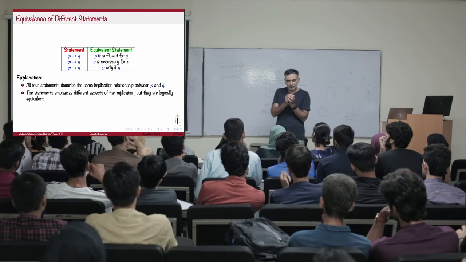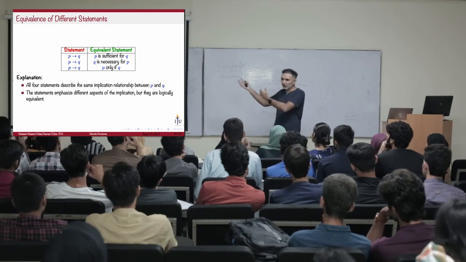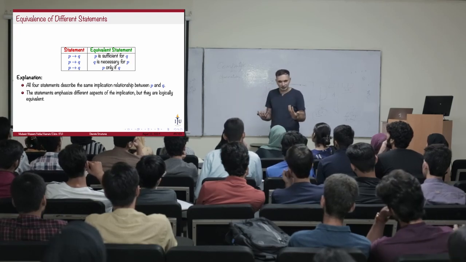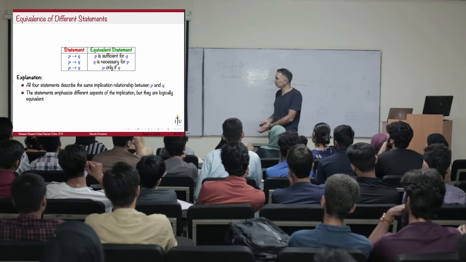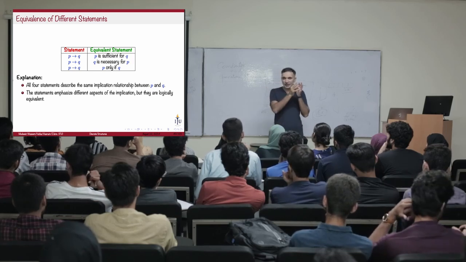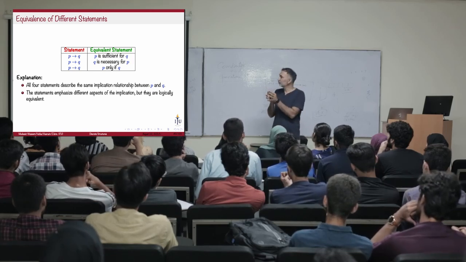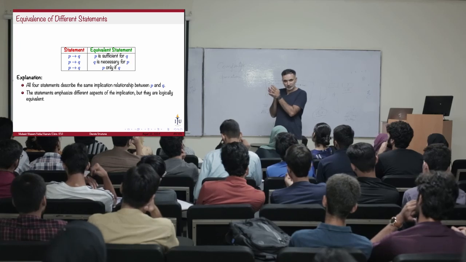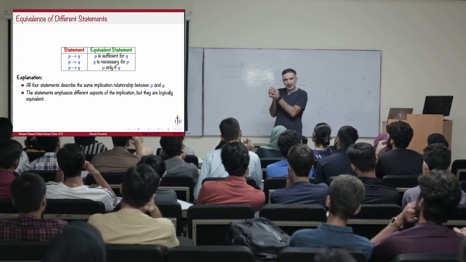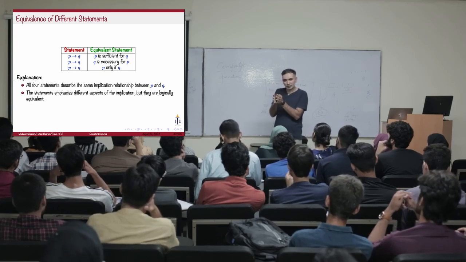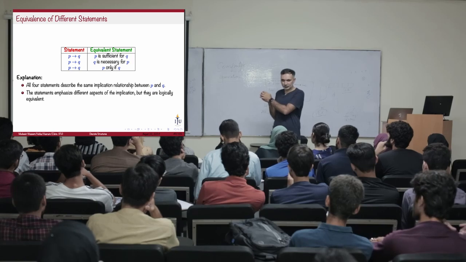All this requires is a rephrasing to be able to understand this. P is true only if Q is true is saying you cannot have P true and Q false.